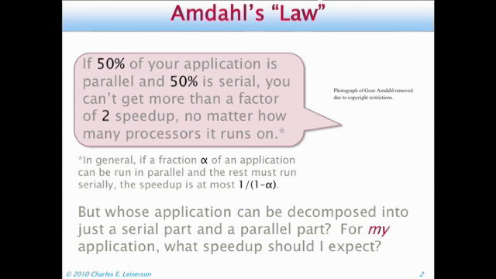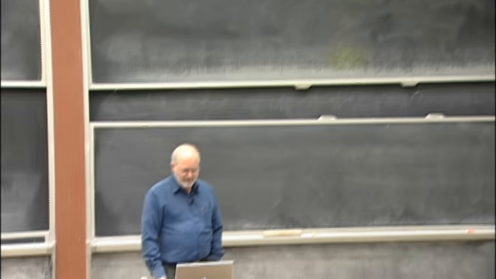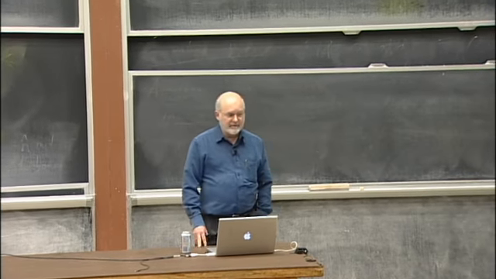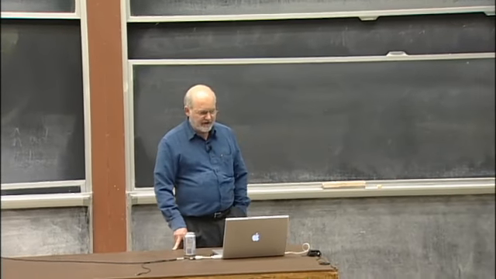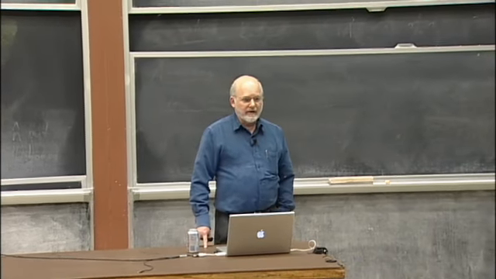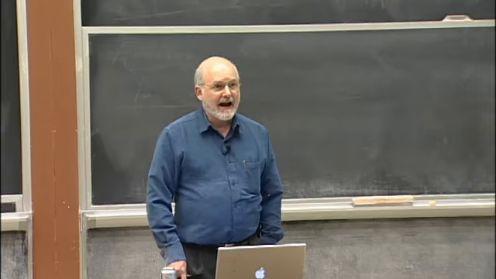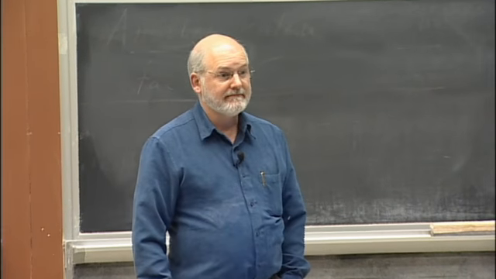He made the following observation about parallel computing. I'm paraphrasing here: if half your application is parallel and half is serial, you can't get more than a factor of 2 speedup no matter how many processors it runs on.